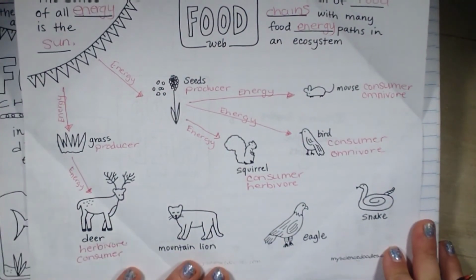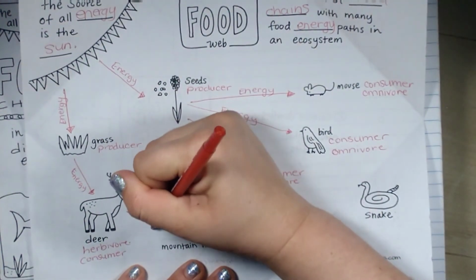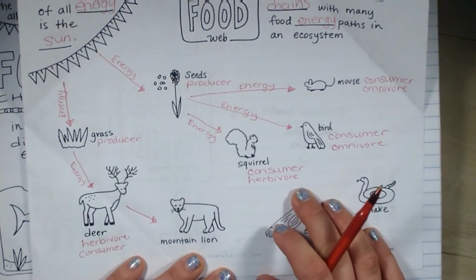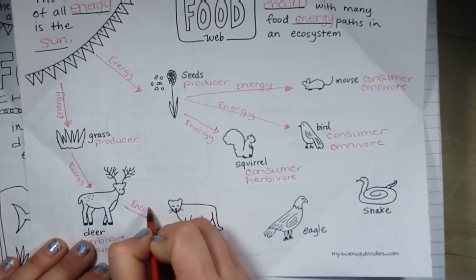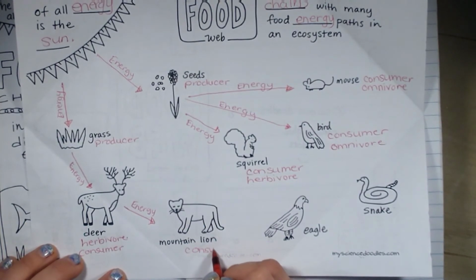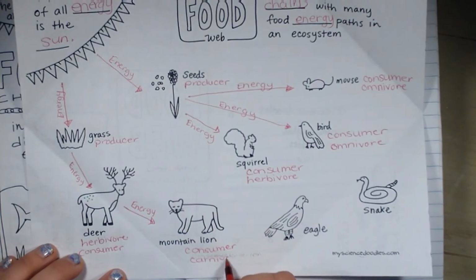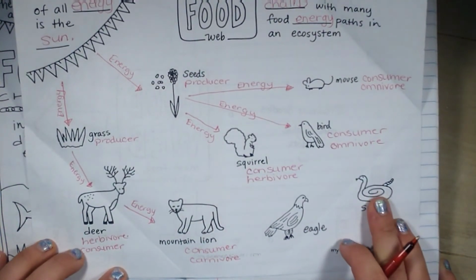All right, so now we have other animals that are carnivores that are getting their energy from the other animals. So the mountain lion gets his energy from the deer. The mountain lion is a carnivore and a consumer, meaning it only eats meat or other animals and it doesn't provide its own energy.